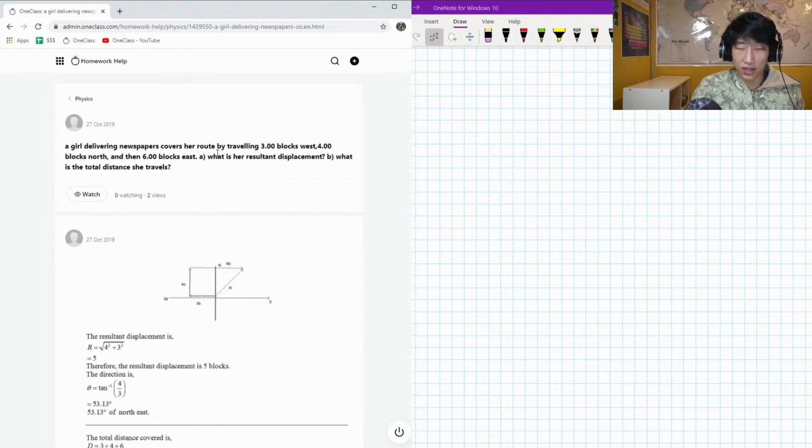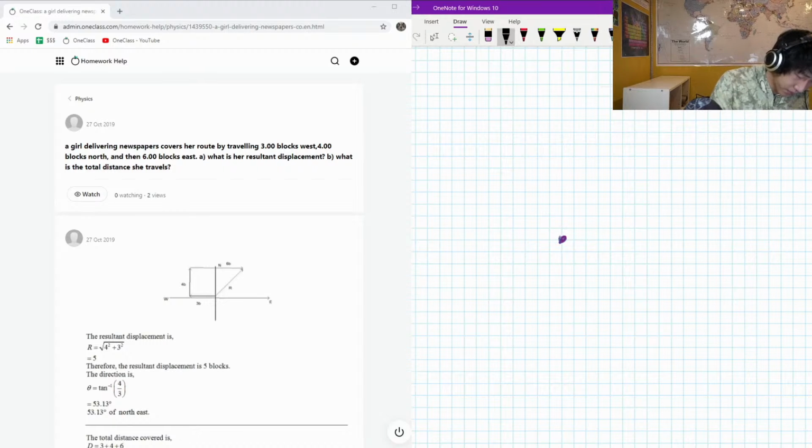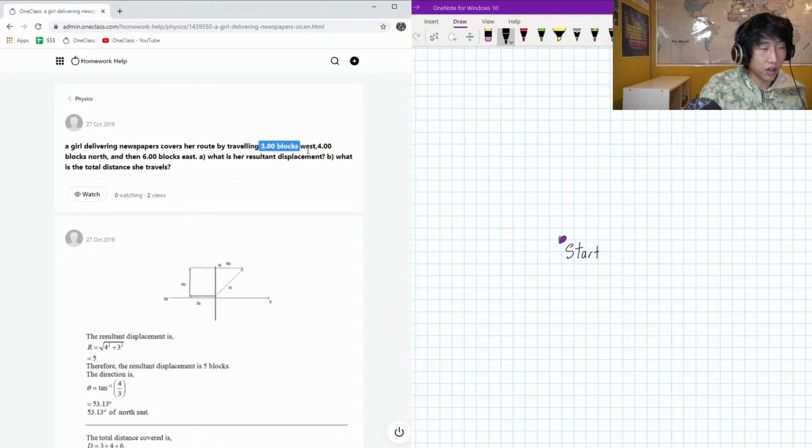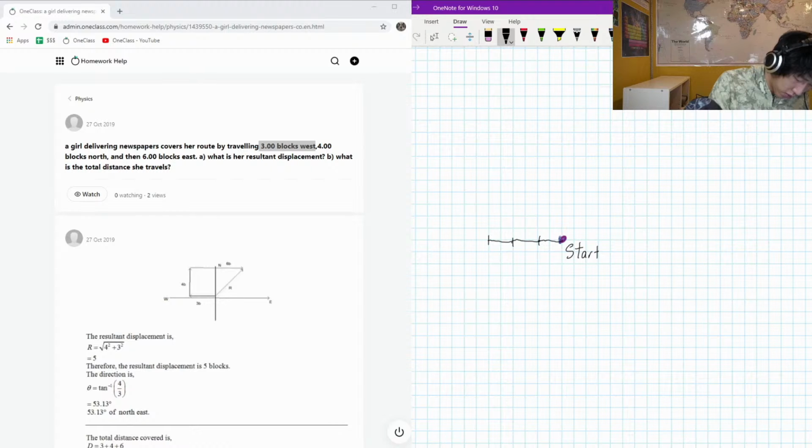Okay, so let's actually draw a diagram of this path that our newspaper deliverer is following. Okay, so right here, let's call this our start point. The first step in our journey is 3 blocks to the west. So west is towards the left. So that's 1 block, 2 blocks, 3 blocks.